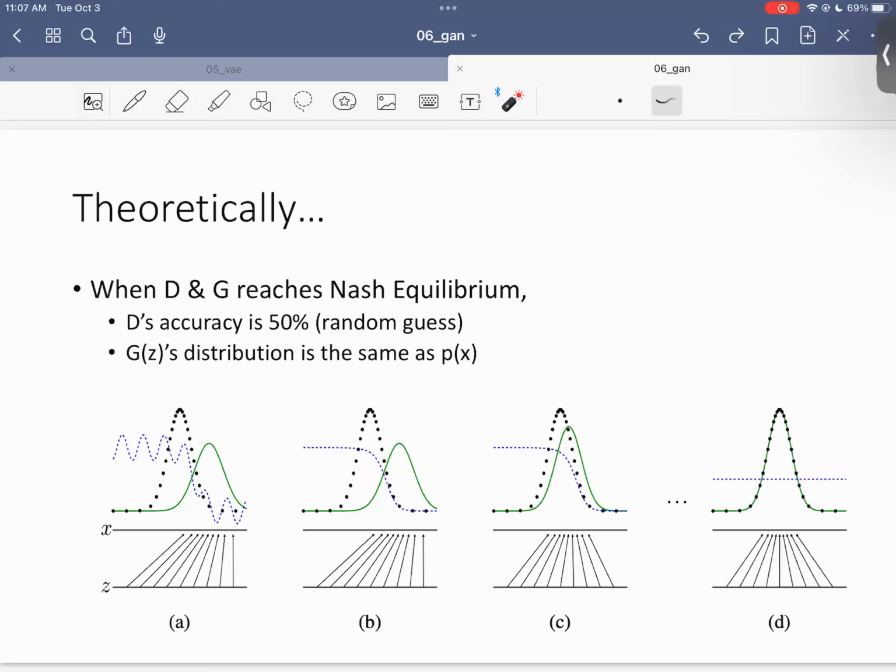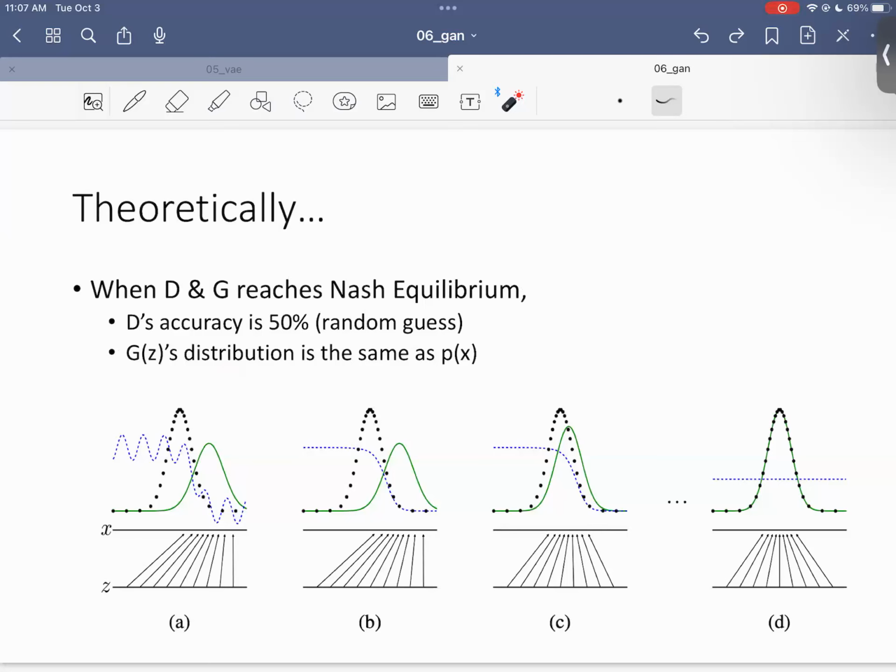So first of all, Z is some random distribution. It's like N or U, and I think this is U here because the samples are sampled uniformly on this line. So maybe Z is like a uniform distribution here. And the black dot here is the true distribution, the true PX.